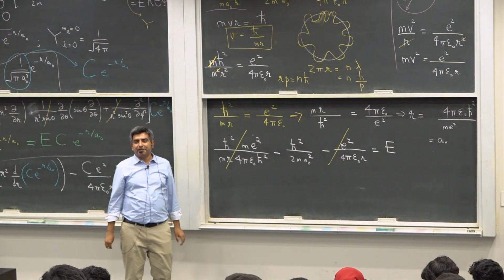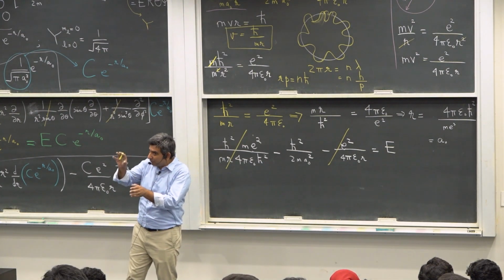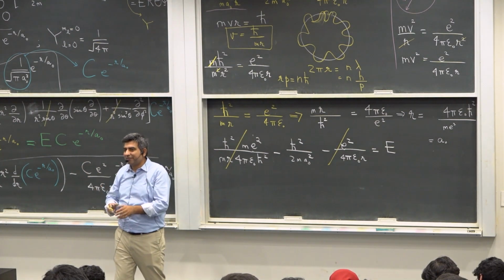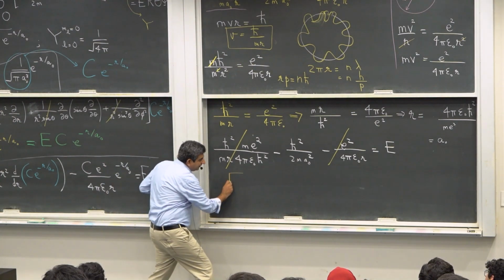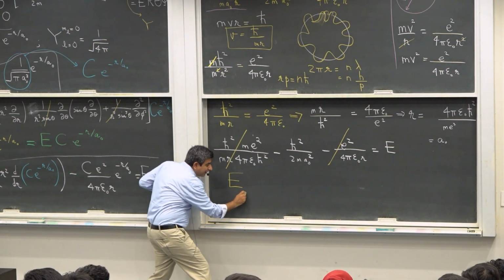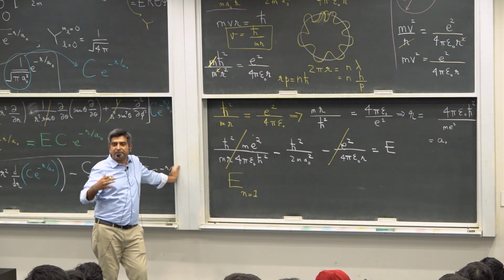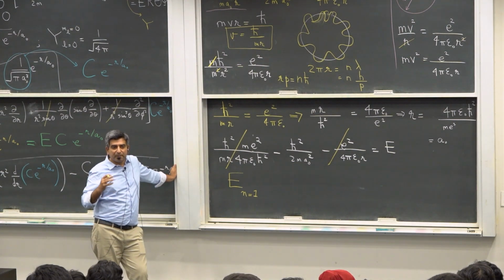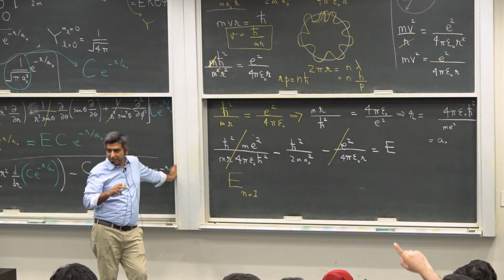Hence, the energy for this electron in the n equals 1, L equals 0, ML equals 0 state turns out to be really simple. It turns out to be E for the ground state, for the n equals 1 state. So now I put n equals 1 because my calculation takes up the n equals 1 trial wave function. So this energy will be only valid for that particular wave function. All right.